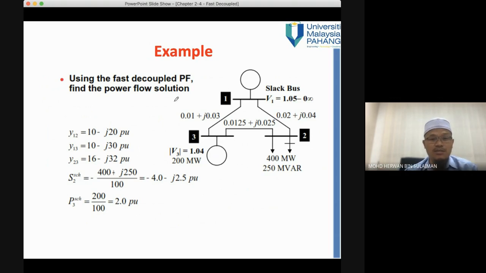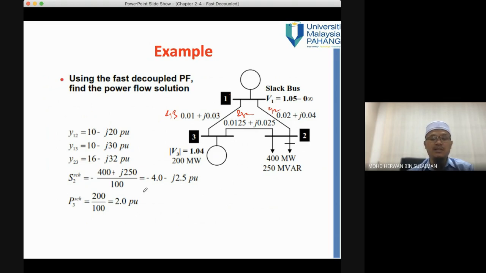Okay, let's look here. Now we have a 3 bus system. Bus 1 is the slack bus, bus 2 is the PQ bus, bus 3 is the PV bus. Okay, so it gives Y, it gives Z. This one is Z13, this is Z12, this is Z13, this is Z32.